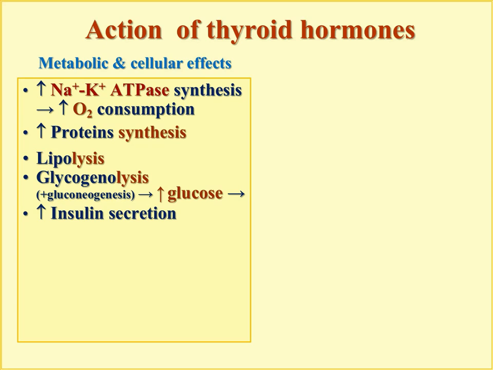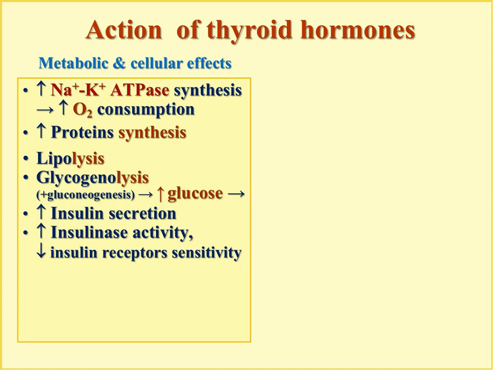And thyroid hormones, as many other hormones that operate against insulin and increase glucose, produce some effects that decrease activity of insulin. For example, they may increase insulinase activity. This is a liver enzyme that destroys insulin. So the lifespan of an insulin molecule is limited, and when insulin is split by insulinase, its action is stopped.